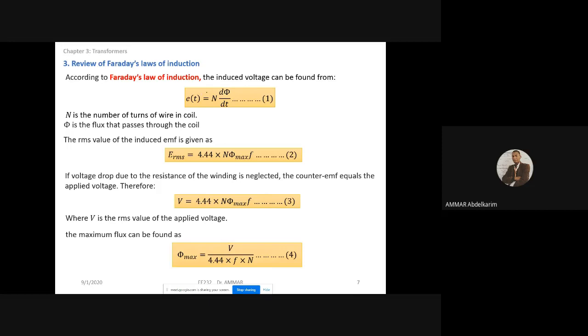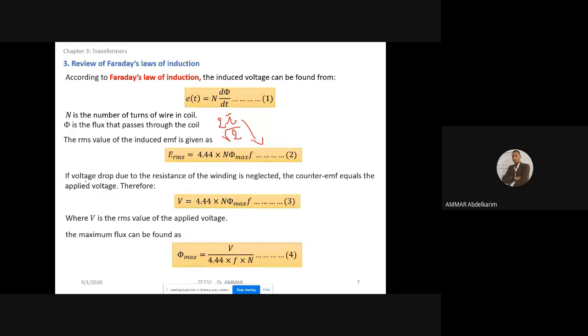When we calculate the derivative of this expression, as you have seen before, we get this expression in terms of RMS voltage equal to 4.44, and 4.44 is 2 pi over square root of 2. This is 4.44 times N times phi max times F, which is the frequency.